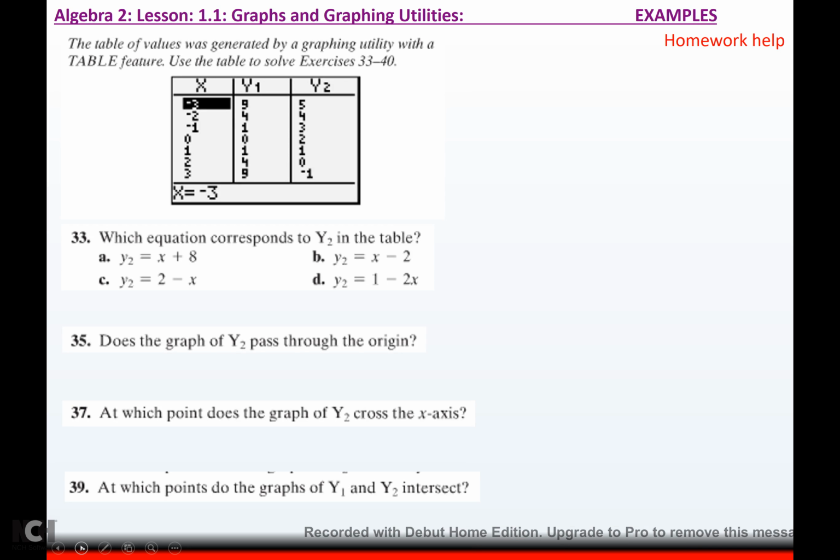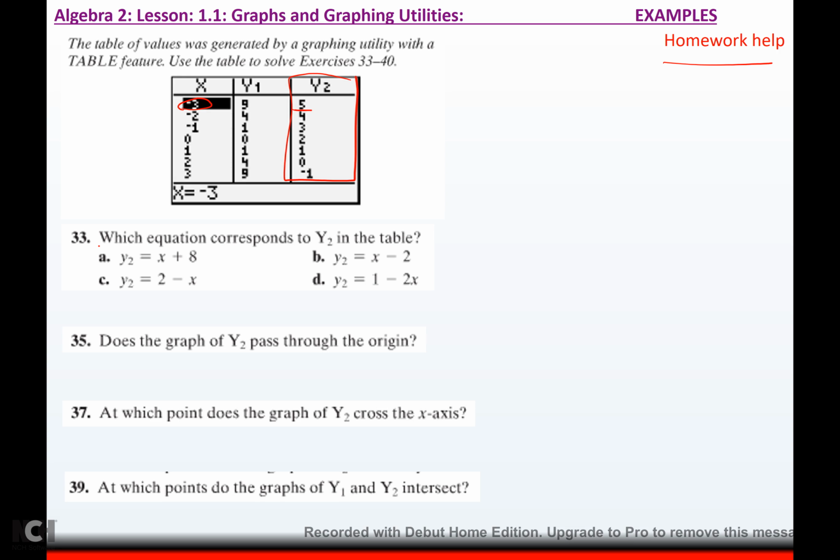Alright, next it says in the table of values, looking at here for 33, this is just some homework help. Which equation corresponds to y2 in the table? If you just pick some values, like if I plug in -3, now we're just looking at y2's, would I get 5?